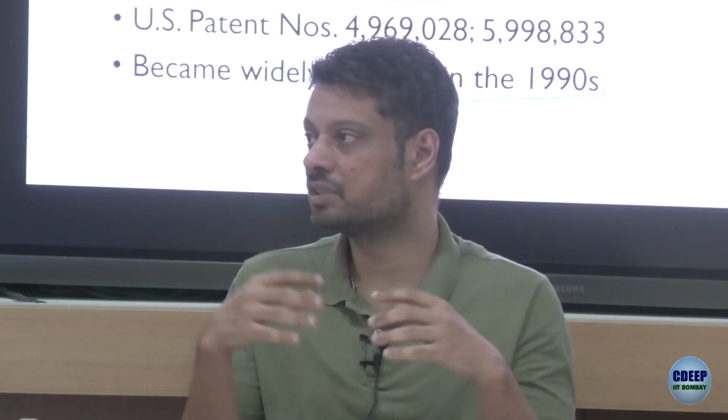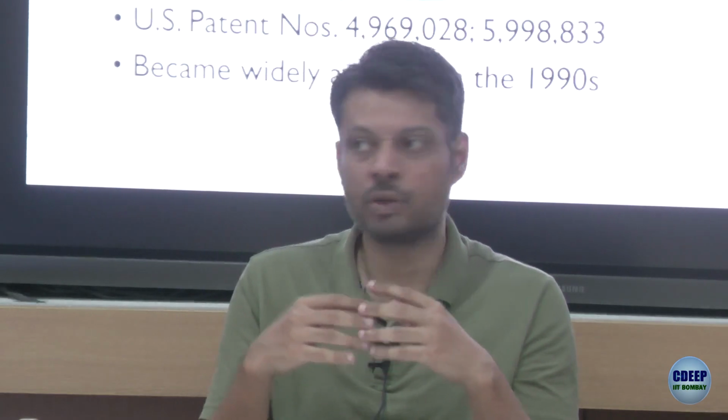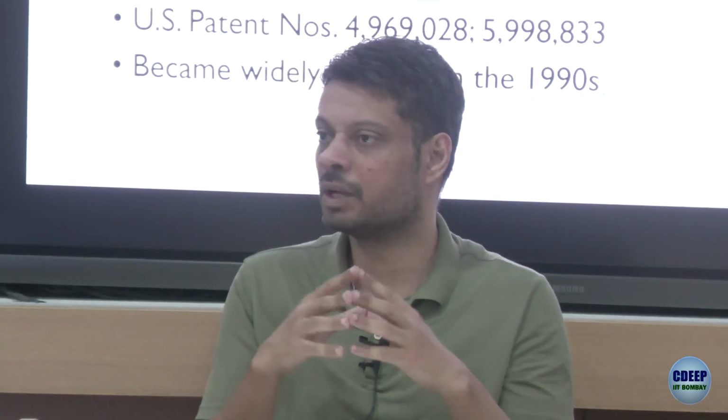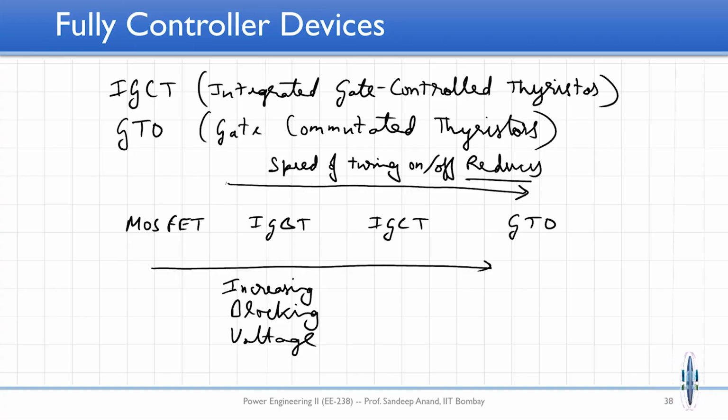If you are talking about some industrial drive, a little higher power, maybe 1200 volt applications, one would go with IGBTs. Subsequently, two more names became quite popular, IGCT and GTOs. Again, they were variations of the basic devices which allowed us to handle even more voltage and even more current.